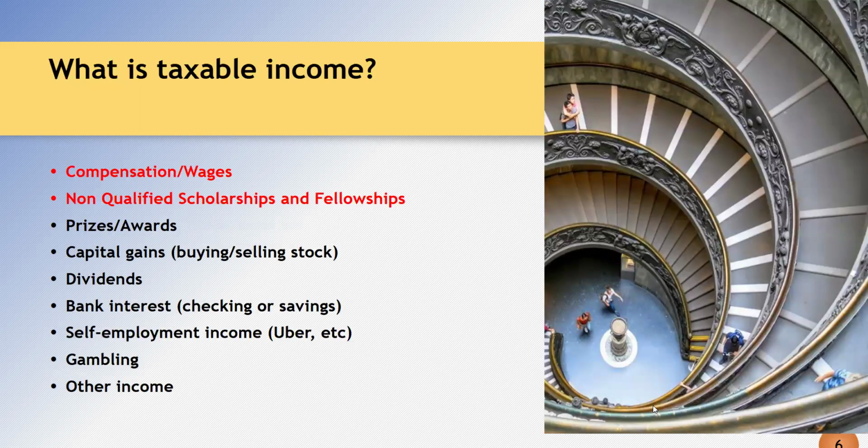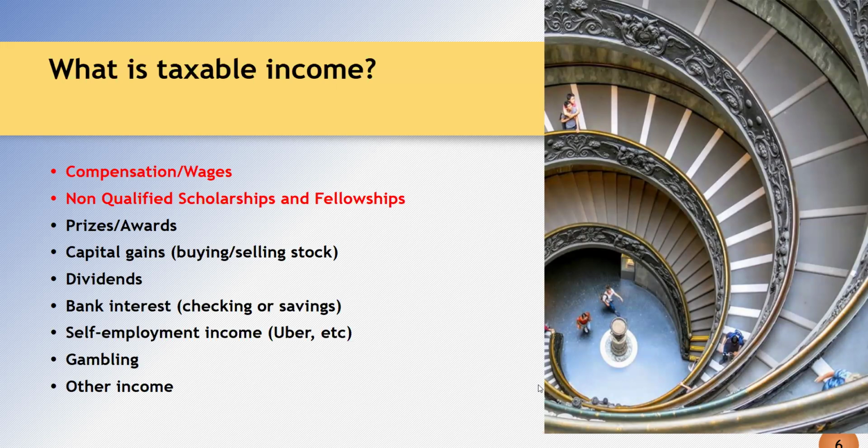So what is subject to tax? Pretty much every single payment you receive, you have to report on your U.S. tax return. It will be compensation and wages, if you work for UCSC or for another employer. If you receive non-qualified scholarship and fellowship, which is taxable scholarship and fellowship, we'll talk about it later today.